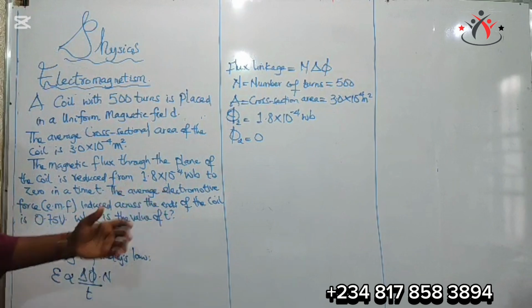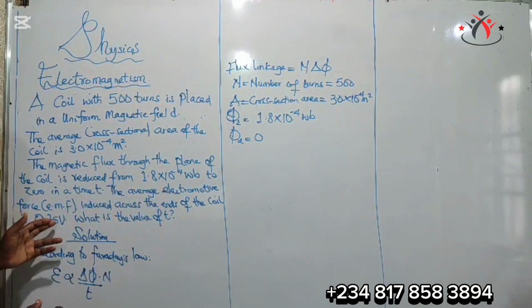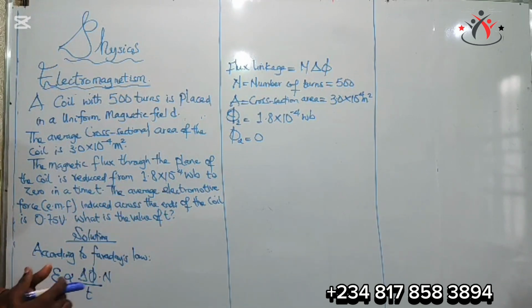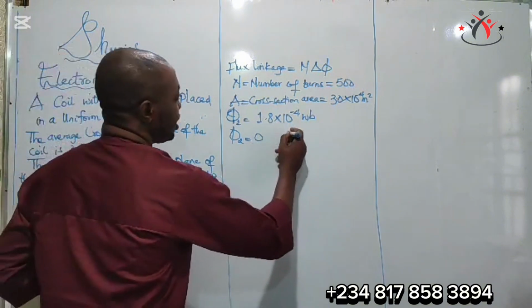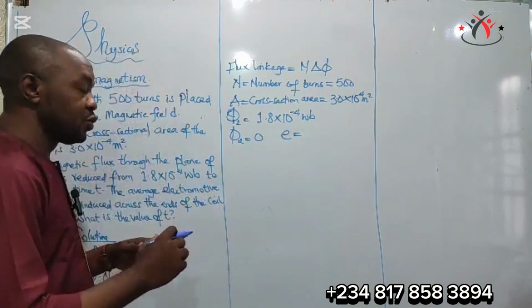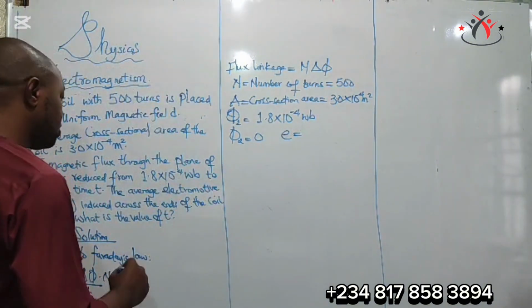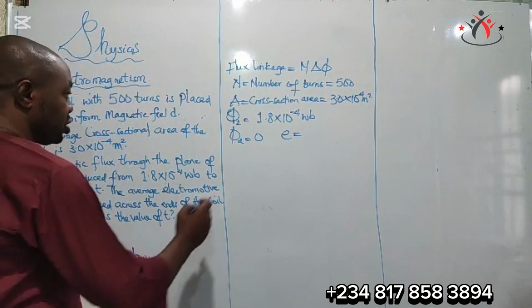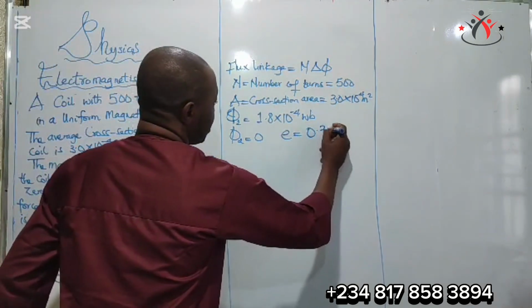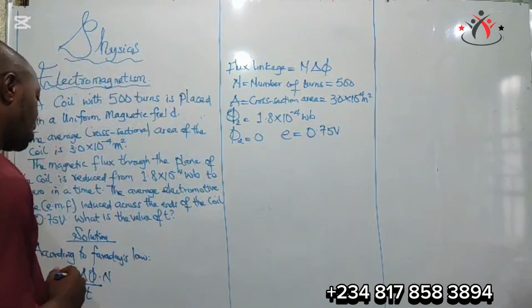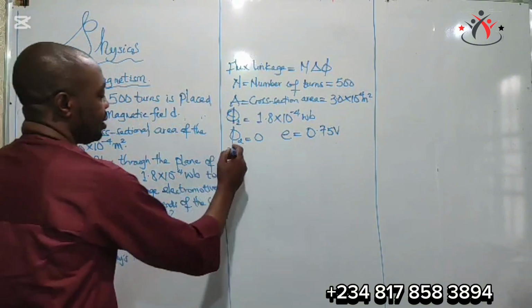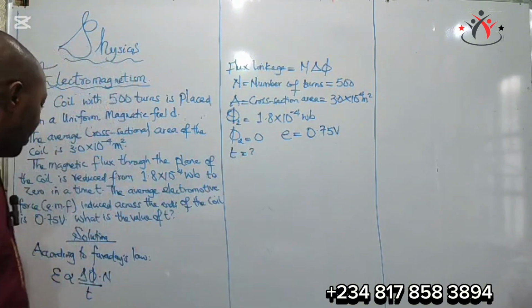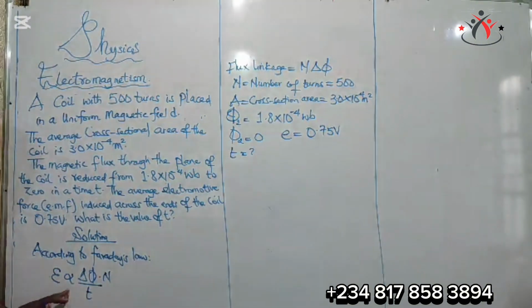Now the average electromotive force induced across the ends of the coil is given to be 0.75 volts. Now, what is the value of time t? We have the mathematical relationship.